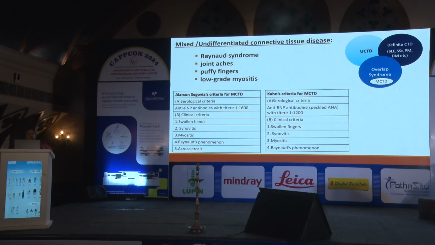At the same time, with the Kasukawa criteria, with these clinical features of synovitis and myositis, there should be anti-RNP antibodies with a titer of 1:1200 present. Only then it can be diagnosed as mixed connective tissue disease.